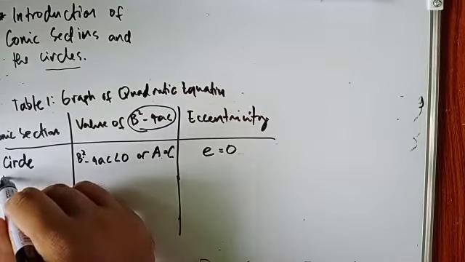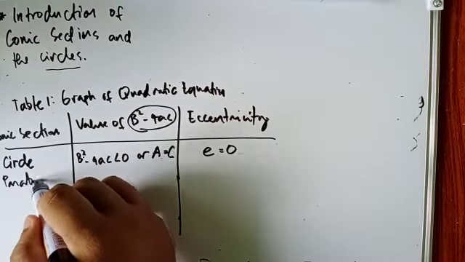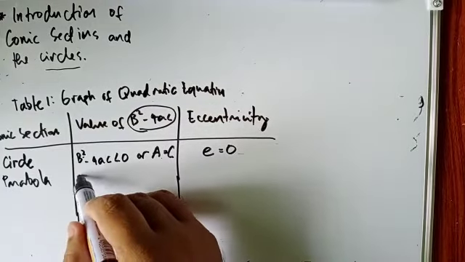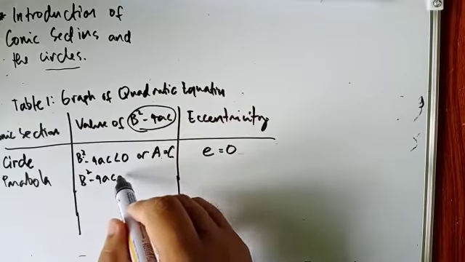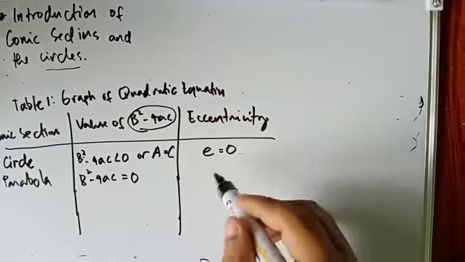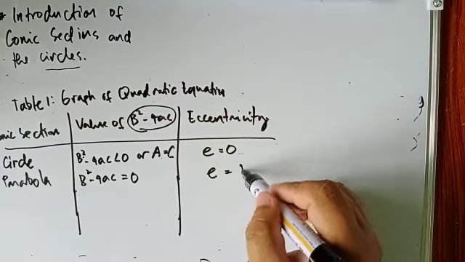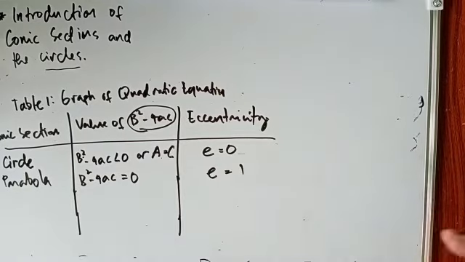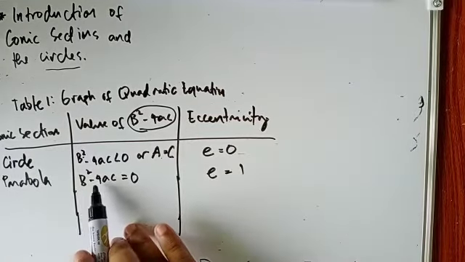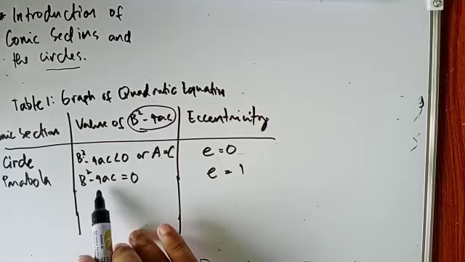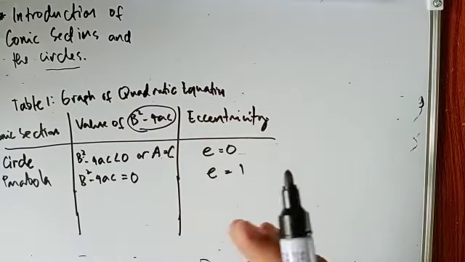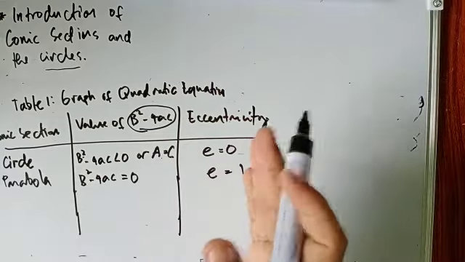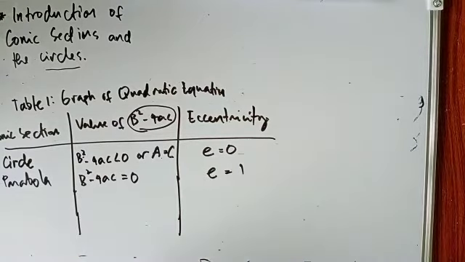The next one is parabola. Again, b squared minus 4ac dapat equal siya kay 0. Tapos eccentricity is equal to 1. By the way, kung natatandaan nyo, si b squared minus 4ac, ano tawag natin dito? Actually, siya lang yung discriminant natin kung naaalala nyo pa sa mga previous math discussions nyo sa junior high school.